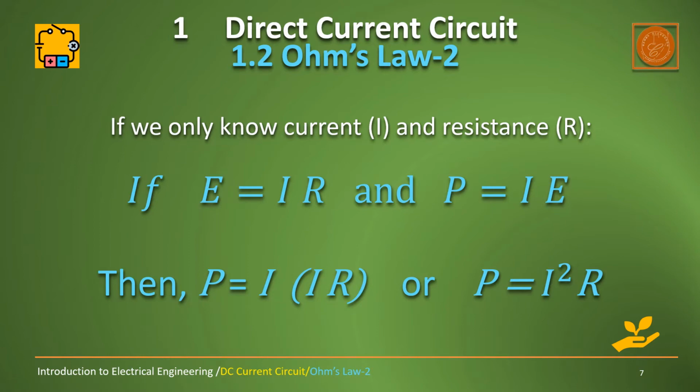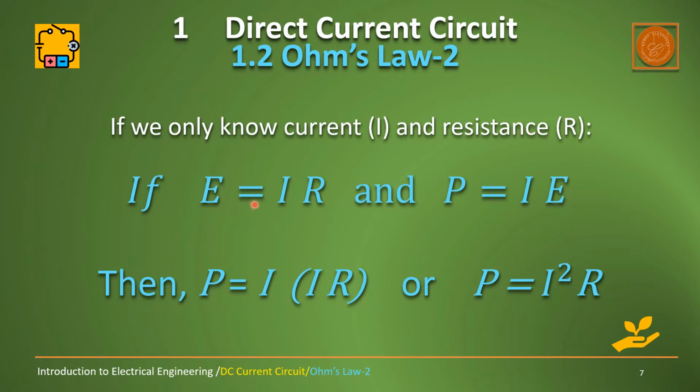Similarly, if we only know current and resistance, how do we get the formula directly from current and resistance?